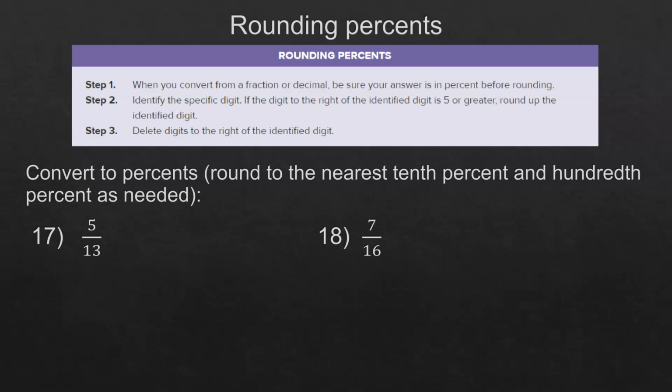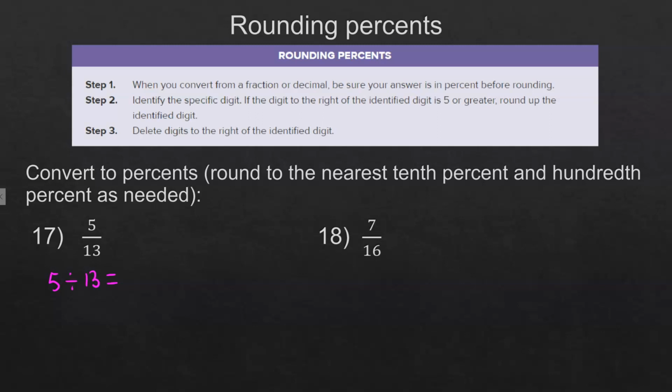Okay, so let's finish this portion of the lesson. We're going to take the 5 and divide that by 13. So 5 divided by 13.